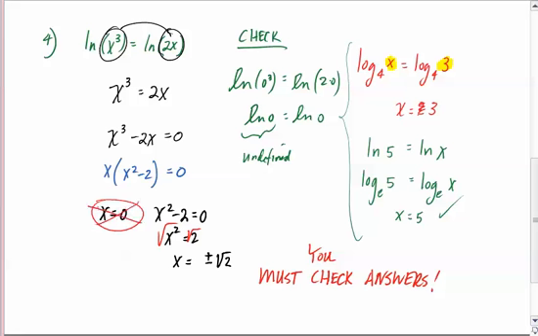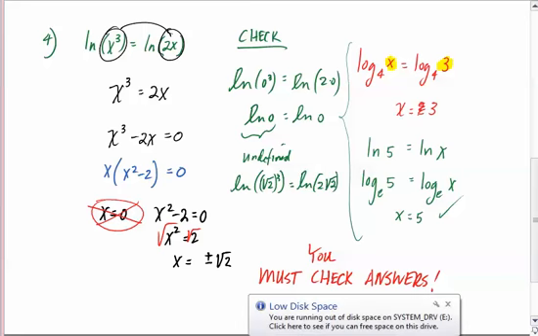Okay? All right, let's check this next one. Natural log of the square root of 2 cubed is equal to the natural log of 2 square roots of 2. Okay, so what is the square root of 2 to the third power?